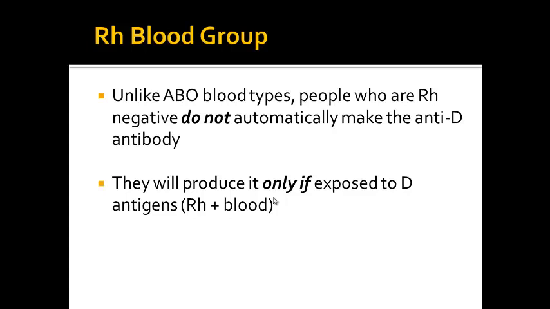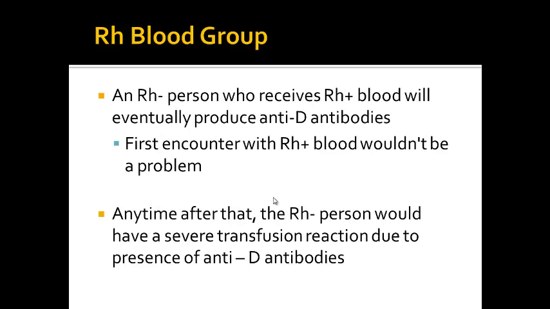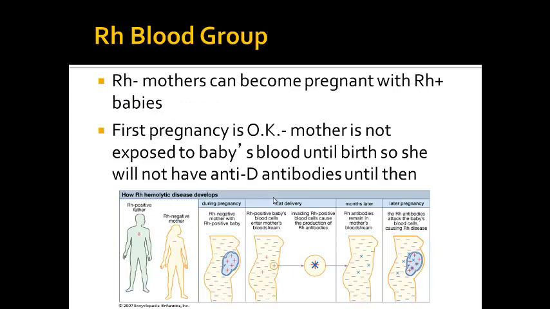And so the next time you're introduced to positive blood, you'd be in some trouble because you could potentially have some blood clumping in your system. And so that describes that right there. And the same is true for mothers who are negative blood type and babies who are positive blood type, a fetus inside of them.